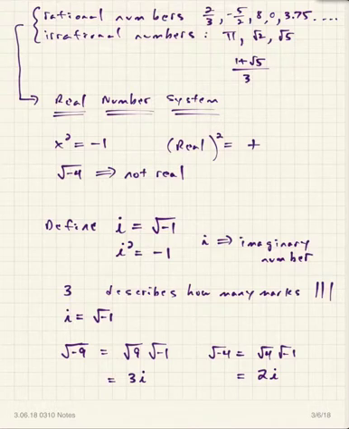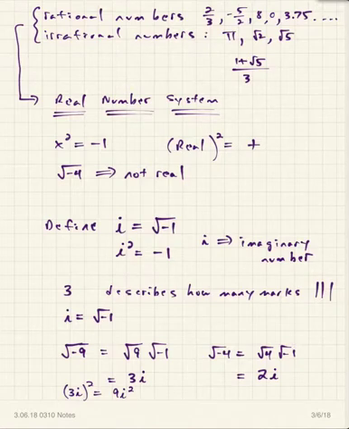And notice what happens here if you square it. Remember, the square root of a number is supposed to be equal to something that when you square it, you get the original number back. Look what happens when I square 3i, for example. When I square 3i, I get 9i squared.